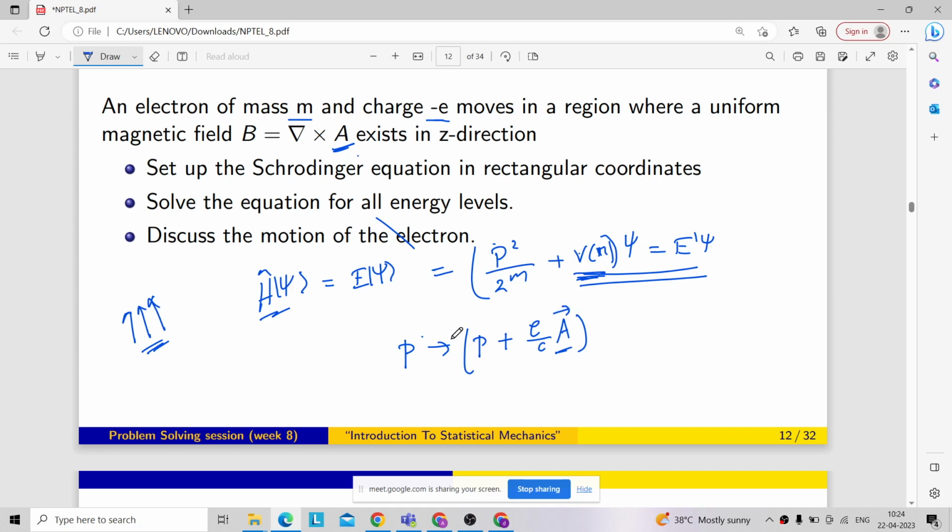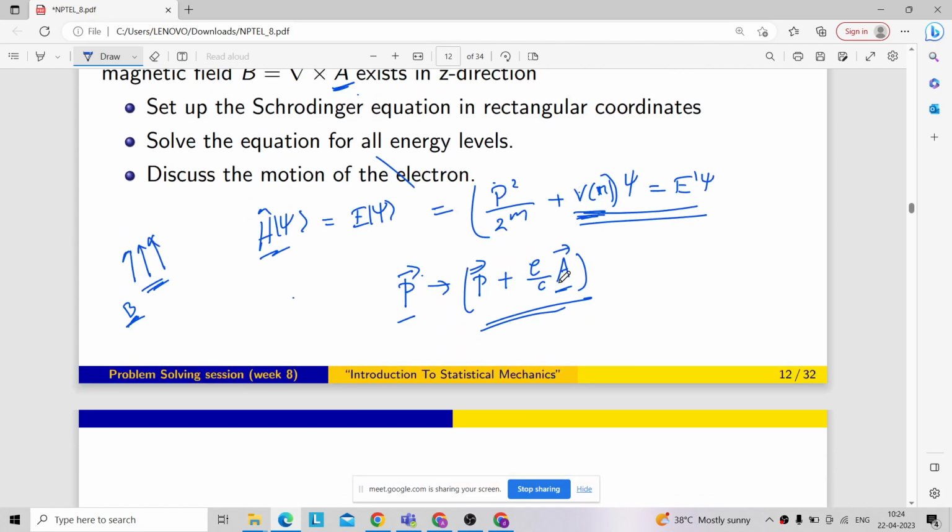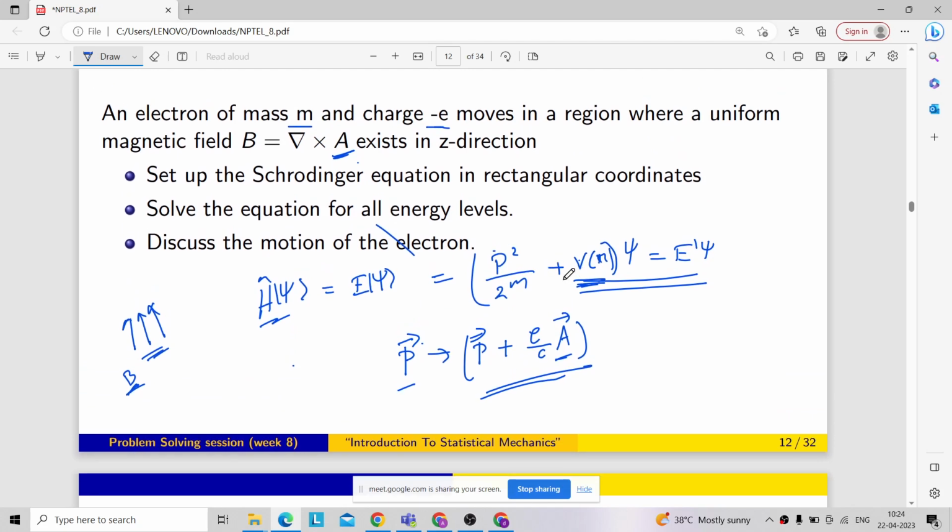So this is the vector. So if the charged particle is inside a magnetic field, then its momentum is modified like this, and we are not told about any potential, so we will take V of r as 0, right?